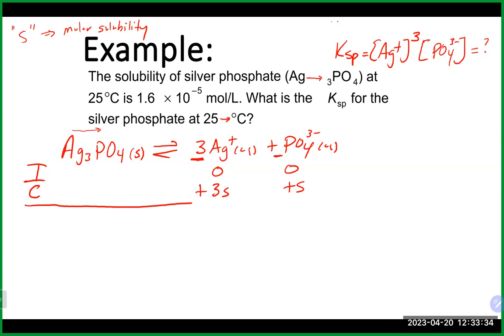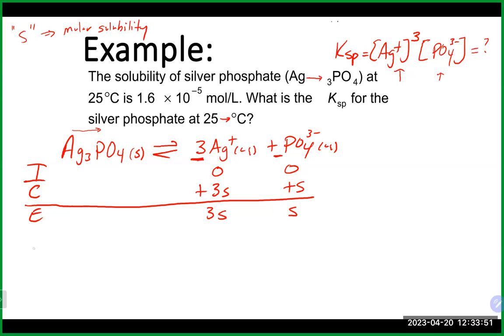Coming down to equilibrium, we would have 3S and S. All right, now at this point, what we would do is put this into our expression just like we have done before.